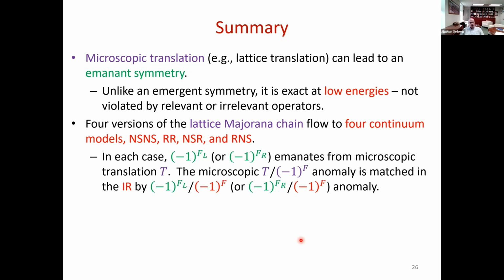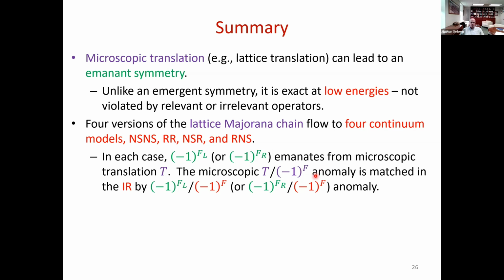We didn't have it when L was odd. And (-1)^F left or (-1)^F right did not exist microscopically, but they emanate from lattice translation.